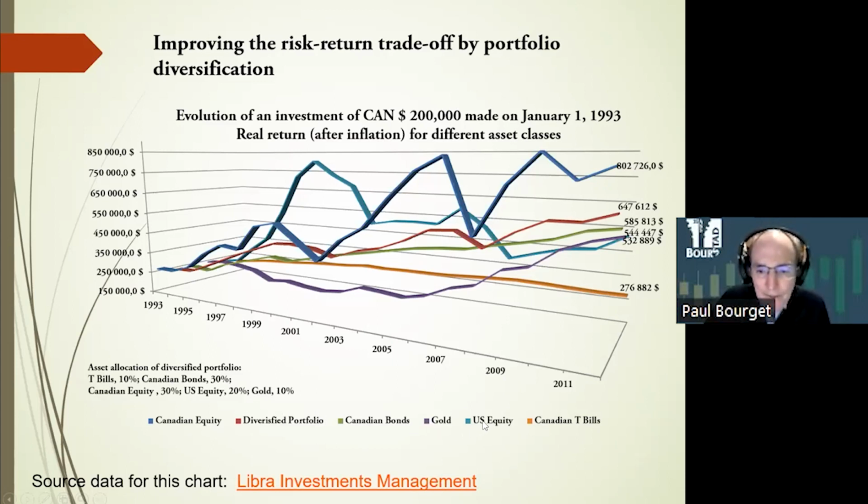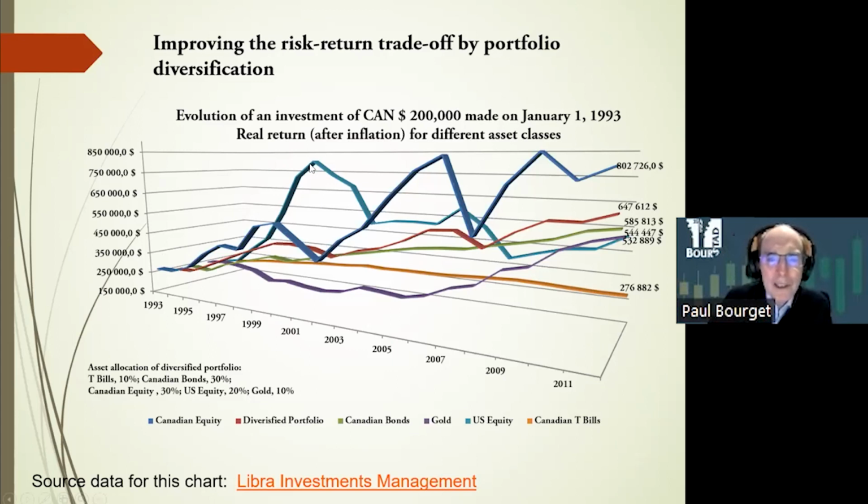If we had invested in US equity, US stocks returned a very high yield. In fact, first, out of the gate, after a few years, you already had accumulated more than 750,000 Canadian dollars.